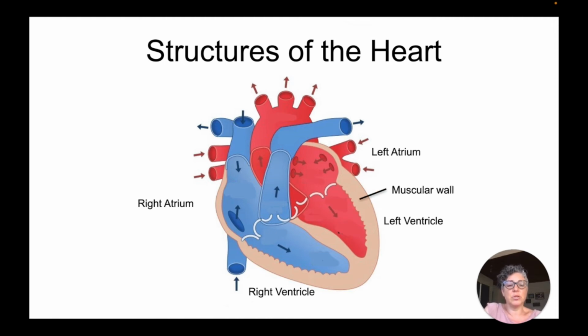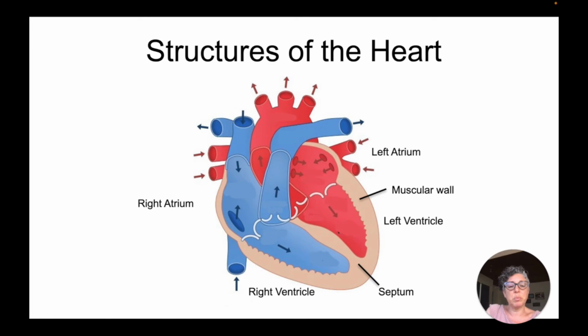Additionally, you need to take note of the muscular wall of the ventricles, especially the left ventricle. And when you look at an actual heart, you will see that the left ventricle wall is thicker than the right ventricle wall. Even in this diagram, you can see it a bit. And we'll talk about that a little bit later in another video.